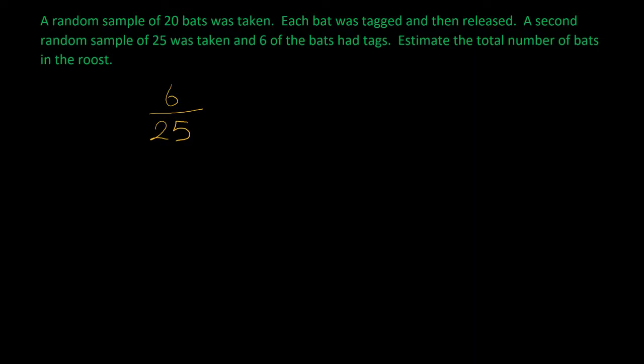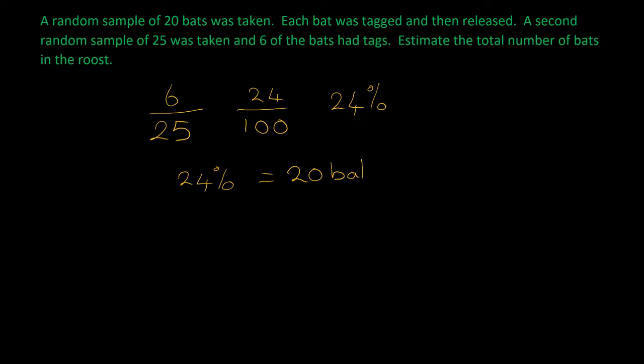This time I'm going to take that in a different route. So 6 over 25 would be the same as 24 over 100, in other words, 24%. So if 24% is equal to the 20 bats, then we need to get to 100%.